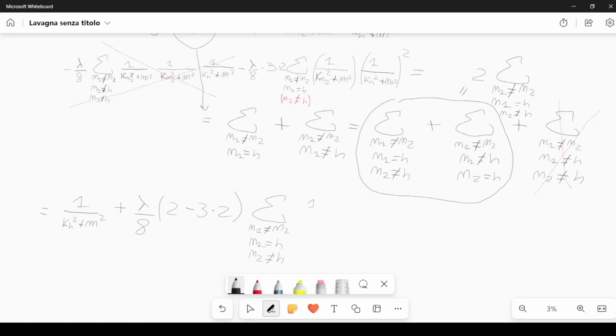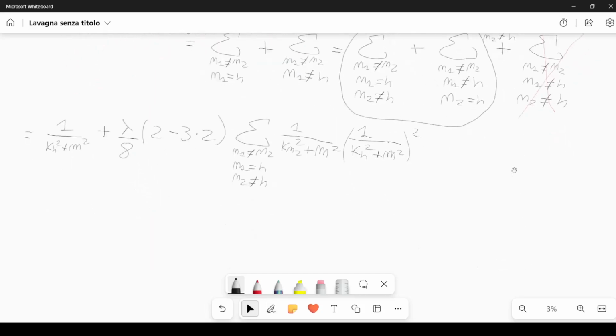So you have 1 over k n2 squared plus m squared, 1 over k h squared plus m squared, all squared. And you can also rewrite it more properly. So here 2 minus 6 is minus 4. So what you get is 1 over k h squared plus m squared minus lambda over 2.